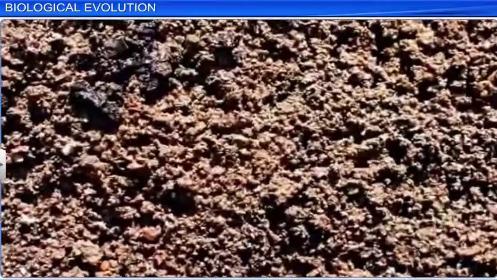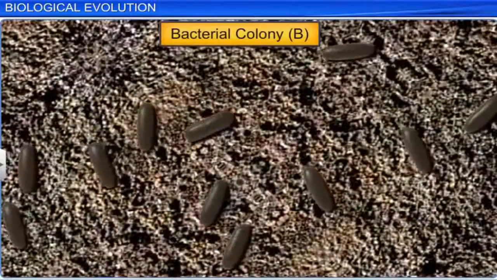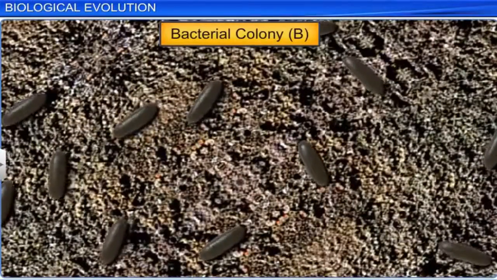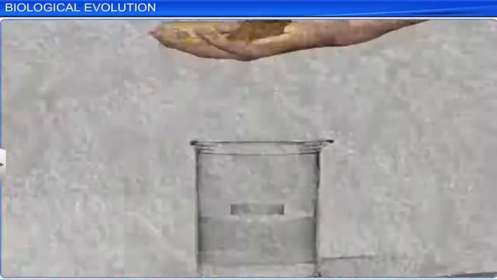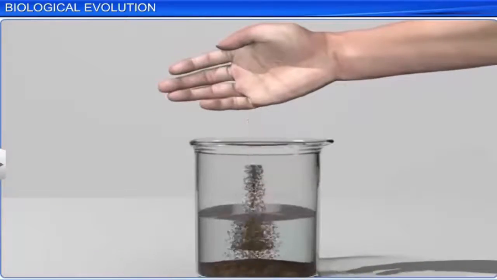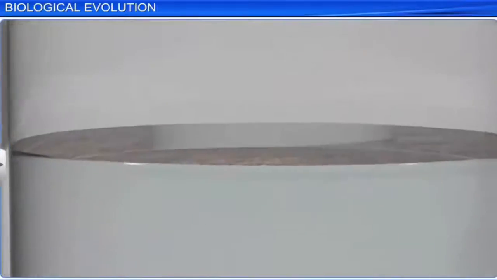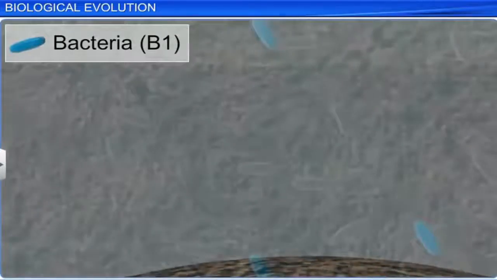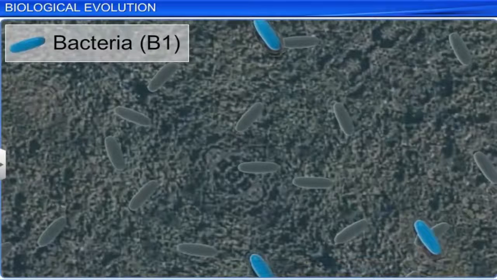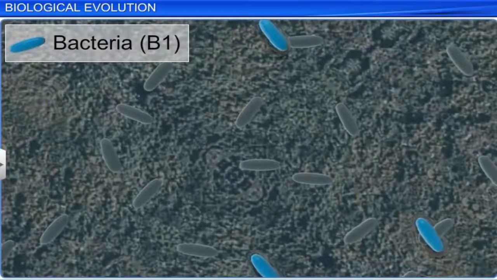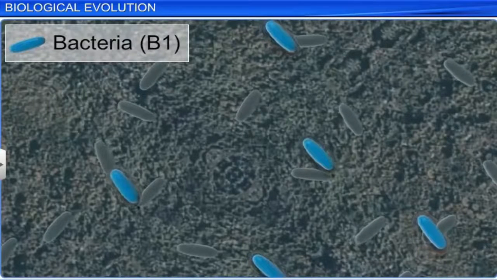For example, consider that a colony of bacteria called B is growing in a certain environment. In case the environment of this bacterial colony is changed, there will be some bacteria, say B1, who will be able to adapt and survive under the new conditions.